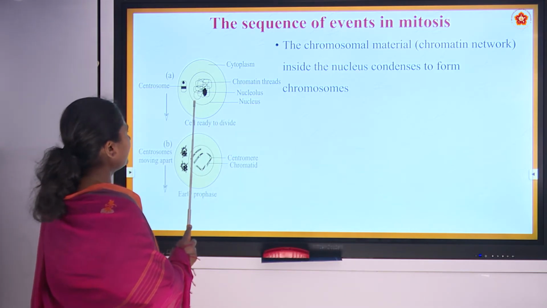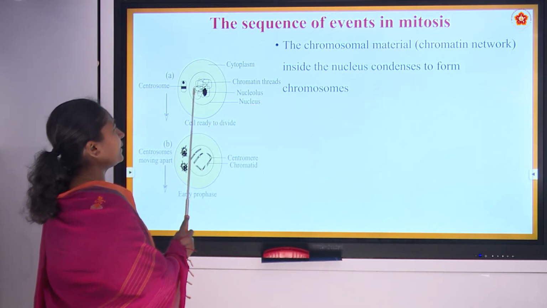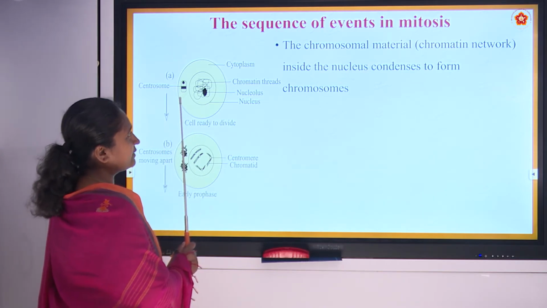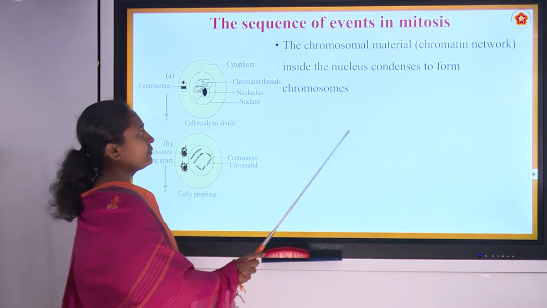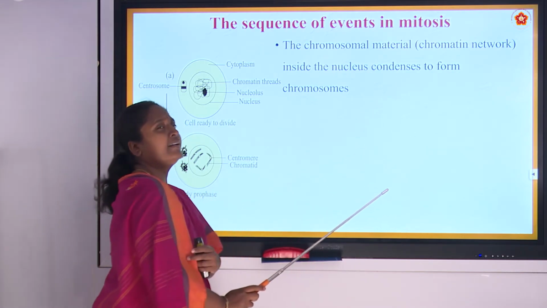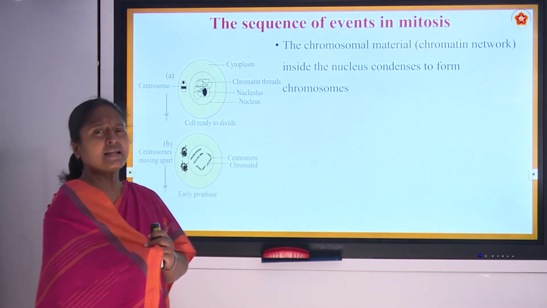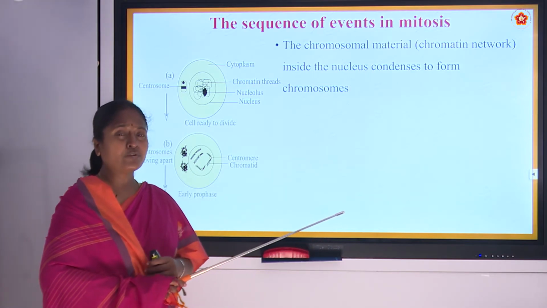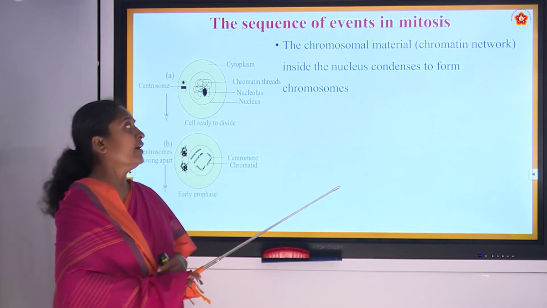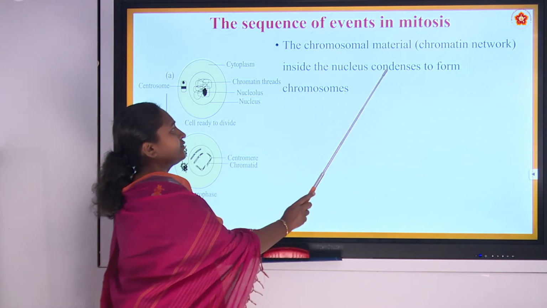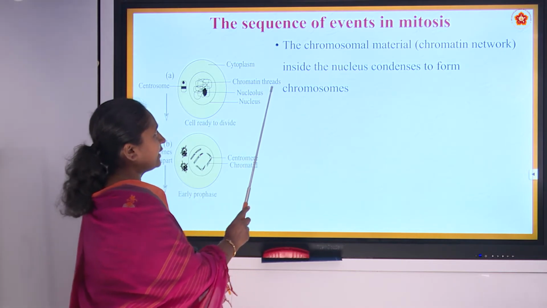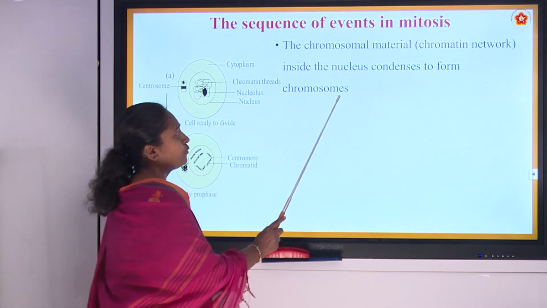So what is happening during that time? The chromosomes have to be separated among the daughter cells, right? So the chromosome material inside the nucleus is now becoming condensed. Condensed means it is becoming thickened, because of the organization of proteins and DNA, and the chromatin threads are now converted into chromosomes.